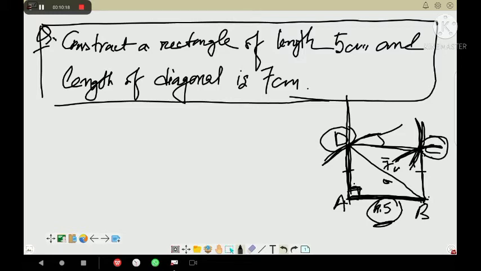Then they will cut at one point, and the point of intersection is the point C. So we get point C from here. If we draw two arcs and join the points, then we will get the required rectangle. So now I am showing you by drawing.